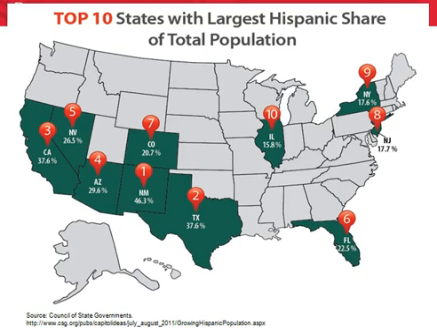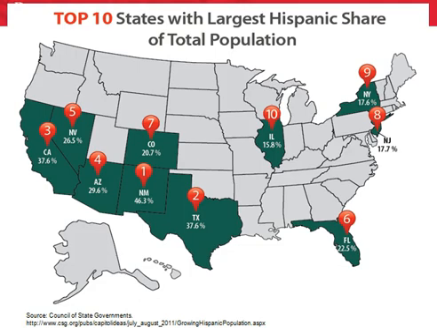Now here's a map of the top 10 states as a percentage of their total population. So in this case, you can see that in California, 37.6% of the population is Hispanic, and that's the same as Texas.